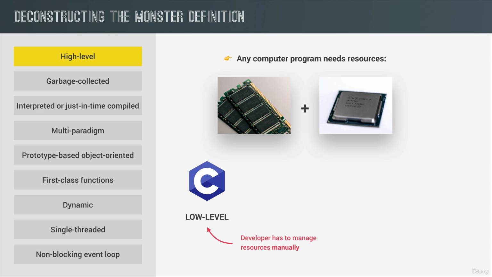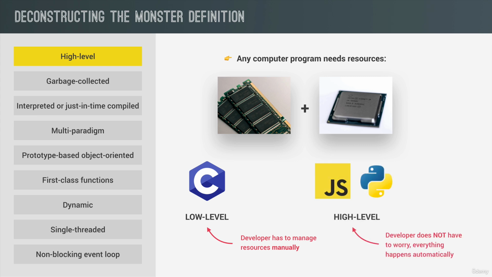For example, asking the computer for memory to create a new variable. On the other side, you have high-level languages, such as JavaScript and Python, where we do not have to manage resources at all, because these languages have so-called abstractions that take all of that work away from us. This makes the language easier to learn and to use, but the downside is that programs will never be as fast or as optimized as, for example, C programs.